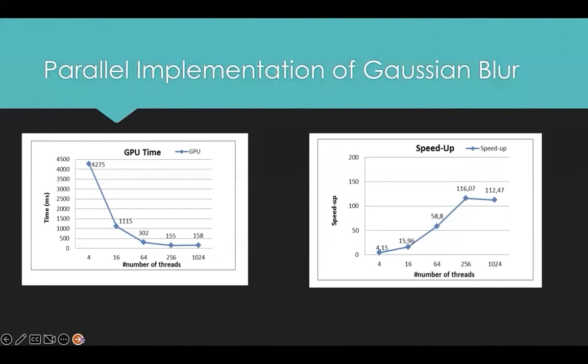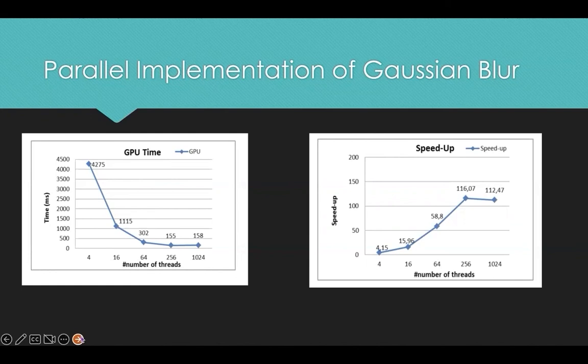Now, as you can see in both the images, we can see a significant performance increase both in the GPU utilization time as well as speed up when CUDA is utilized for this blurring. You can see a mapping of number of threads versus time in the first image, and you can see a mapping of number of threads versus speed up in the second image.